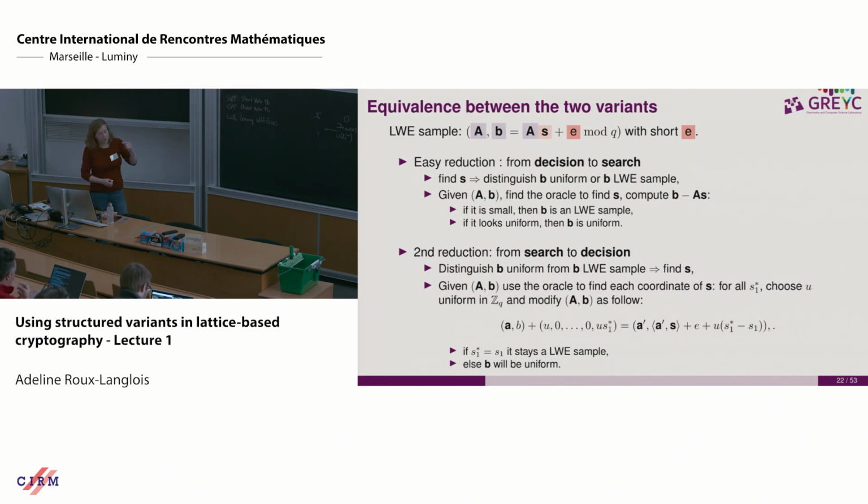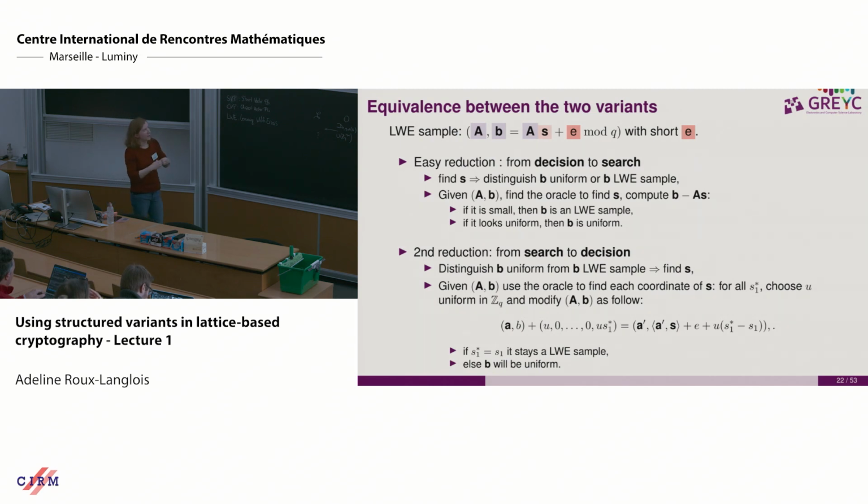So I receive an instance A, B, and I want to use the oracle of the decisional variant to find the first coordinate, for example. So I modify each sample by adding to A, B this new vector, where U is a uniform element, with a lot of 0s for the A, so enough 0s to have A plus U. And to B, I add U times S star 1, which is my guess for S1.